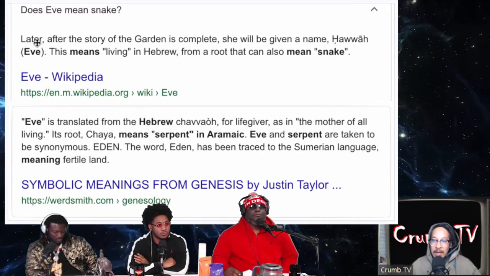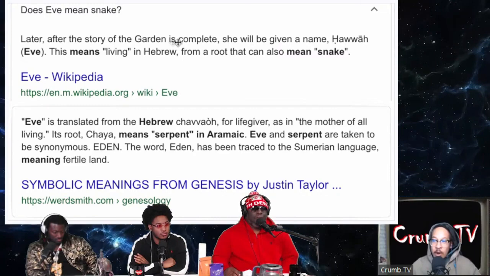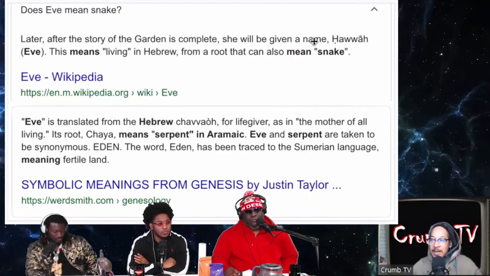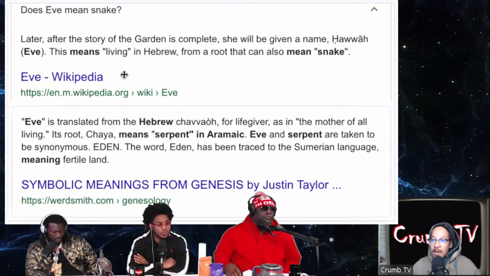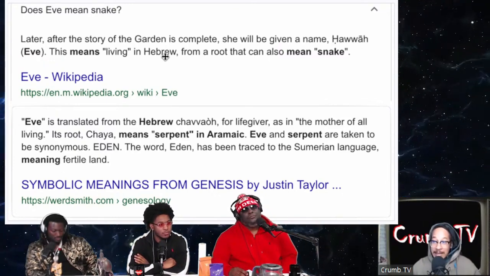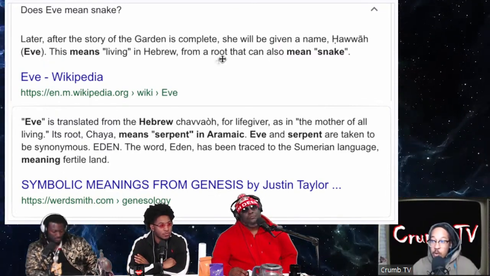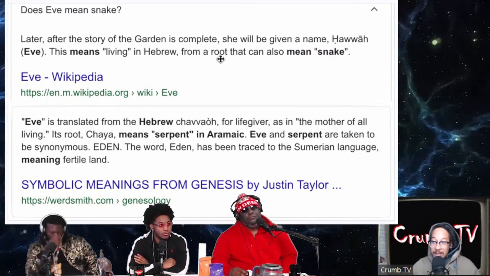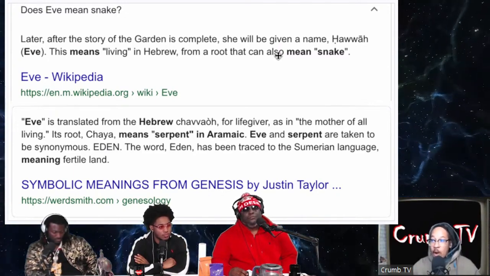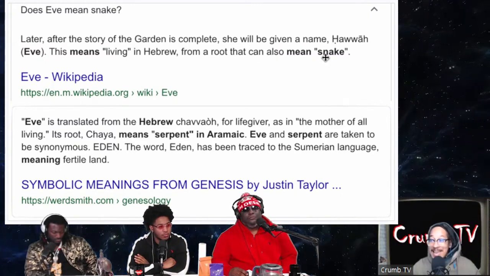Answer: later, after the story of the garden is complete, she will be given a name, Hawa, meaning Eve. This means living in Hebrew from a root. We're dealing with etymology. Definitions change, origins don't. A root that can also mean snake.